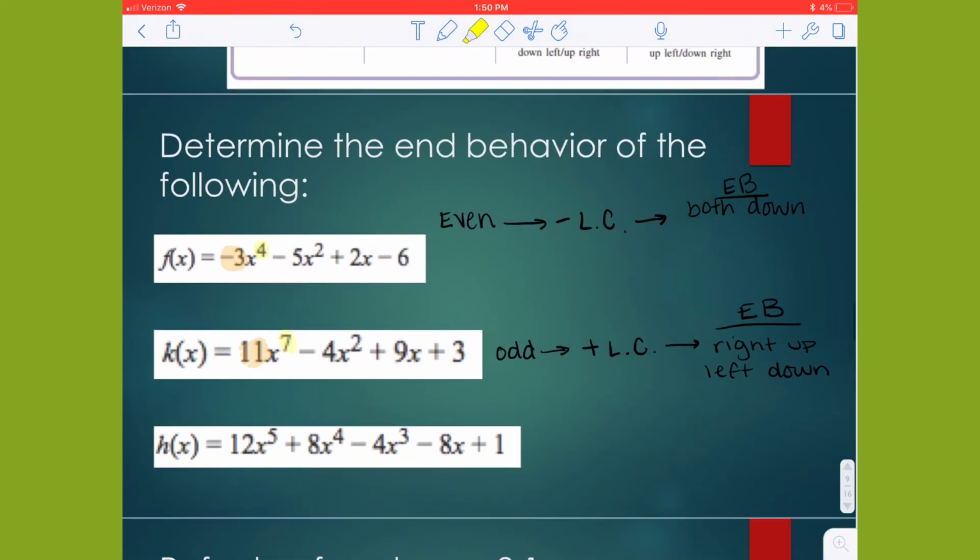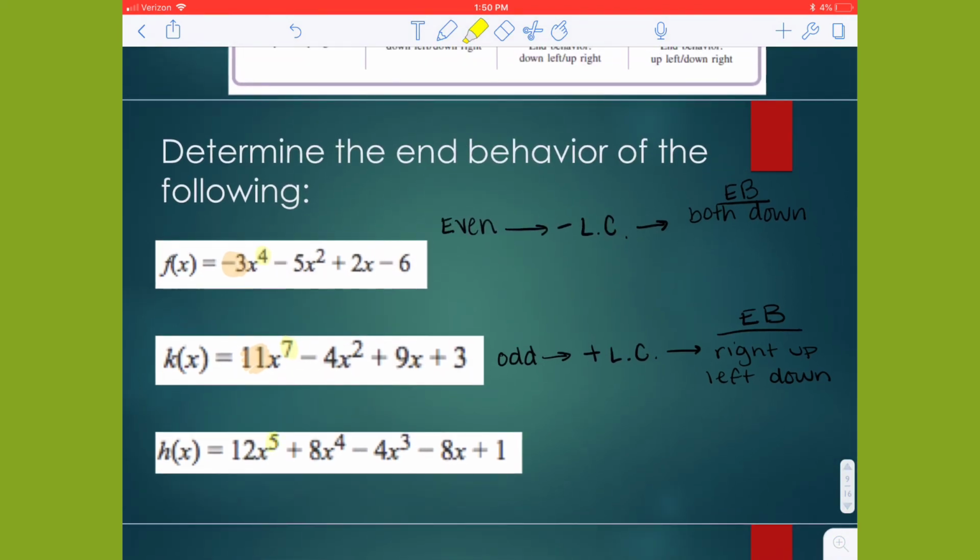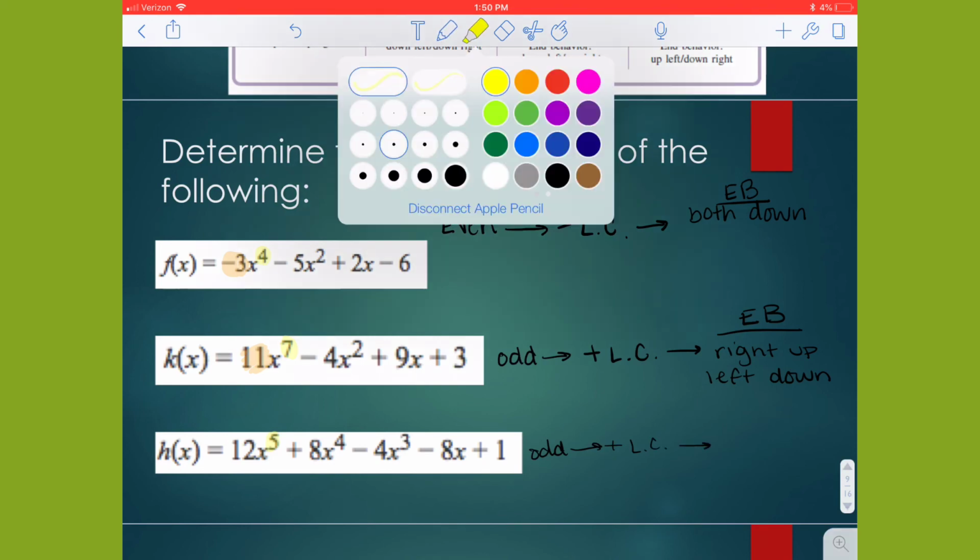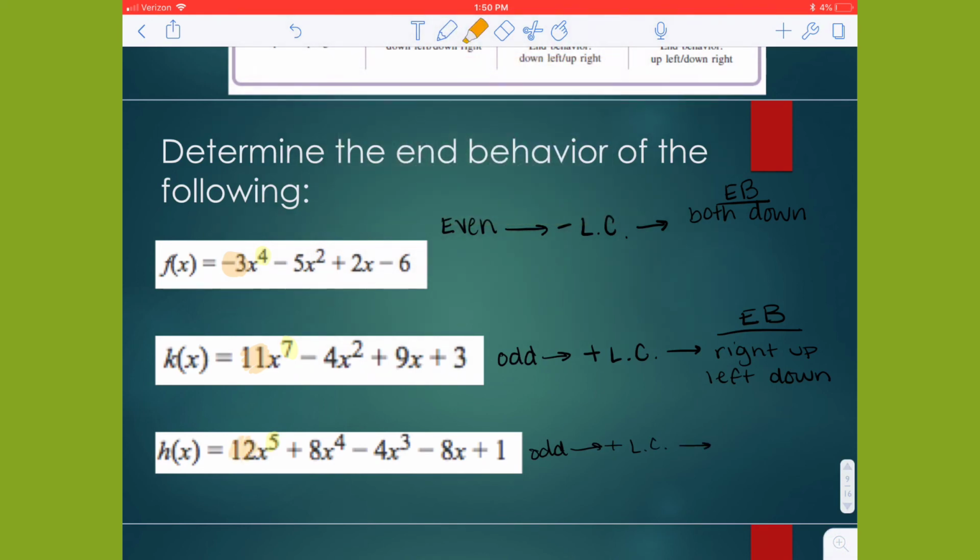And looking at my last problem, the highest degree is 5, so that is odd. And again, I have a positive leading coefficient because my leading coefficient in this case is 12. Therefore, for my end behavior, I know the same thing is happening. The right is going up and the left is going down.